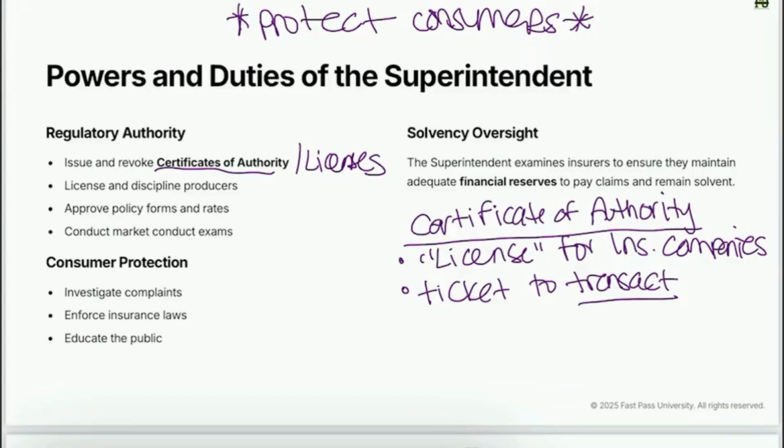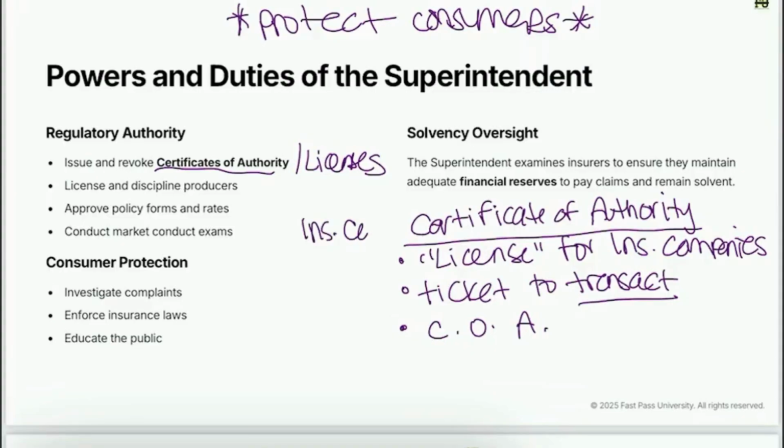Okay? So an agent or producer needs a license. An insurance company needs a certificate of authority in order to transact business in the state. Okay?